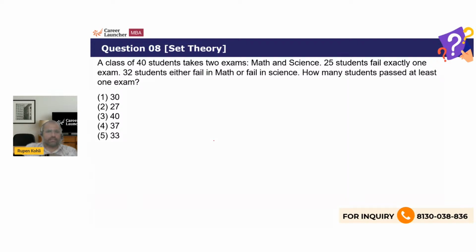It's a, I guess, two-set Venn diagram problem. We can all do this.